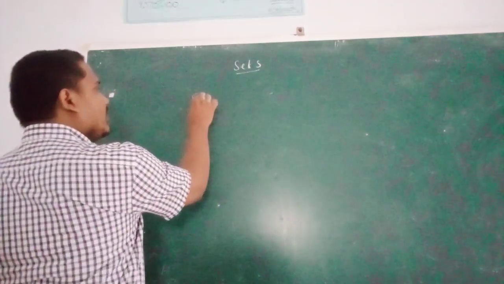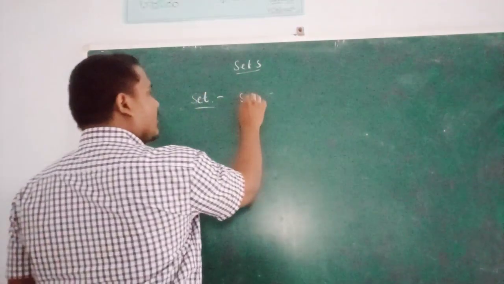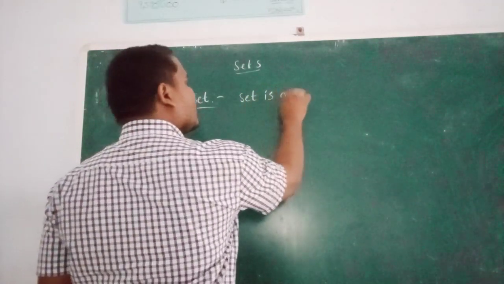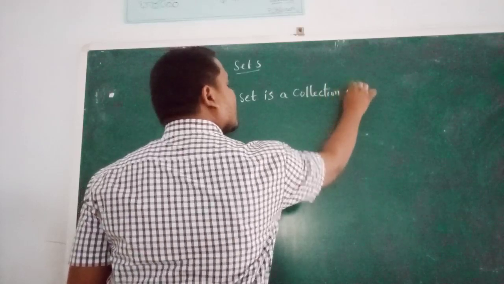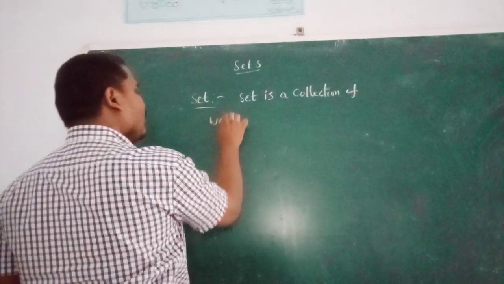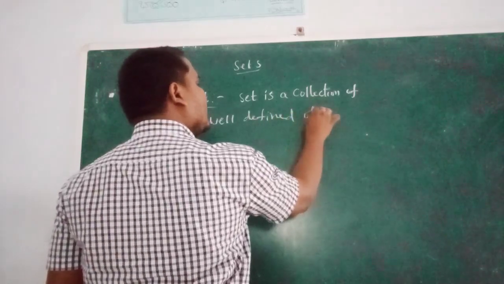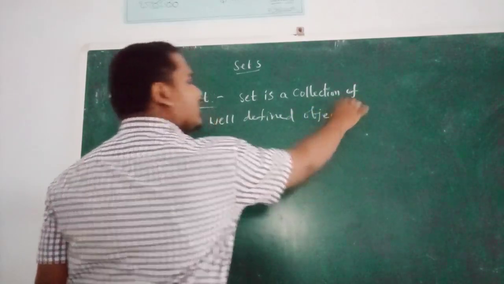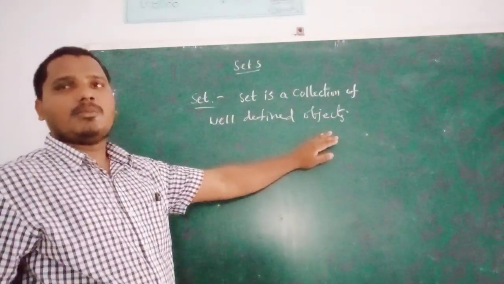First, what is a set? A set is a collection of well-defined objects. Set is a collection of well-defined objects. Which type of objects?